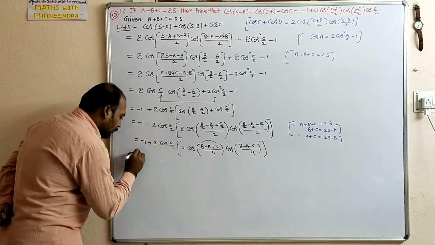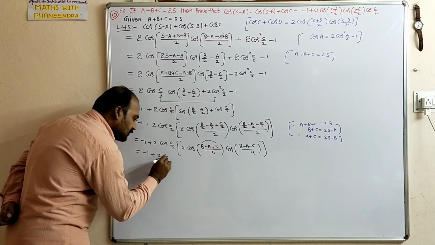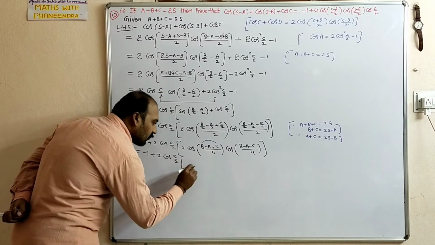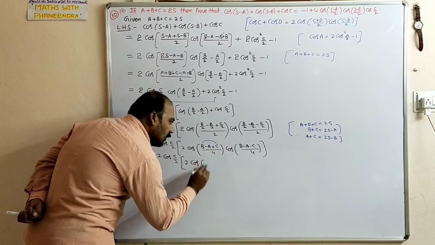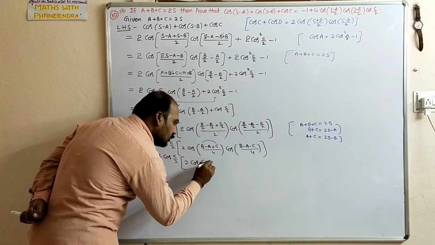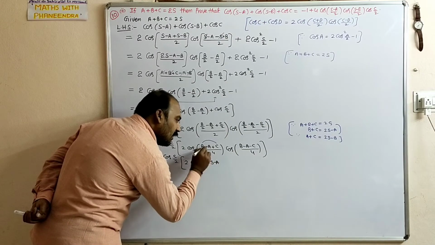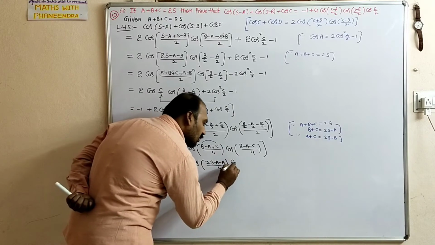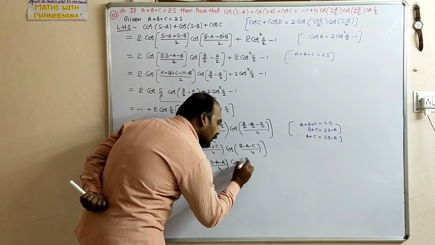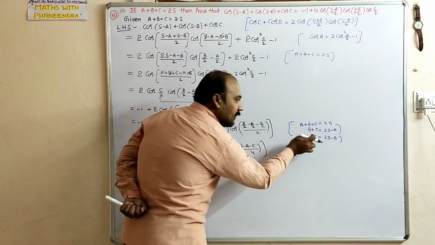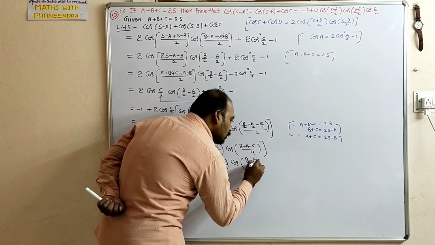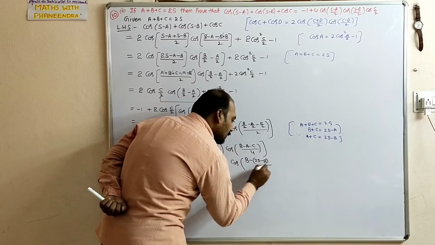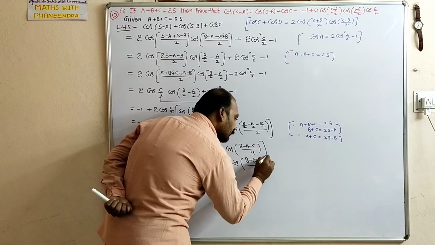Now, minus 1 plus 2 cos C/2, 2 cos, in place of B plus C you write 2S minus A, divided by 4, cos of B minus of (A plus C) will come. In place of A plus C, 2S minus B divided by 4.